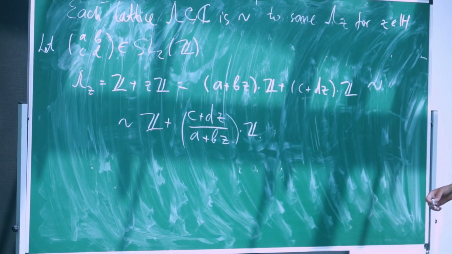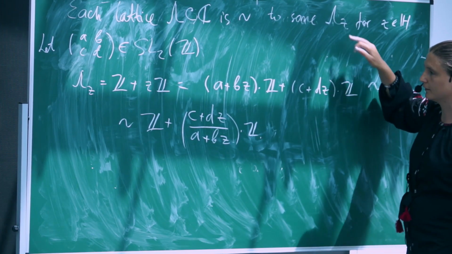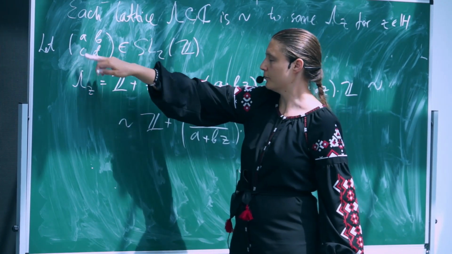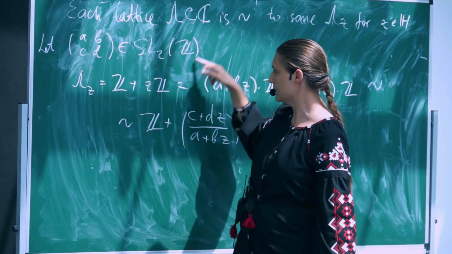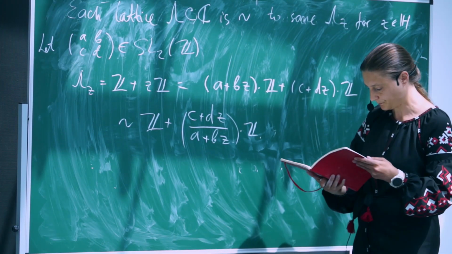And so it means that if two points in the upper half plane are related by a linear fractional transformation for some A, B, C, D in SL_2(Z), then they will produce the same lattice for us.